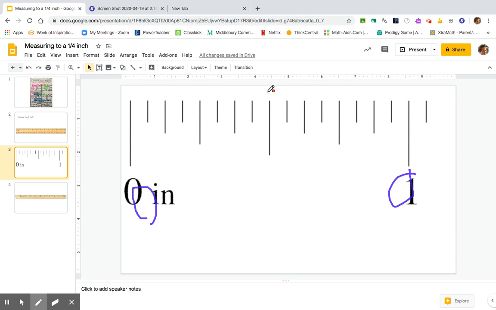So I'm going to split it in half. Now I have 1, 2, or halves. I want fourths. So I'm going to take each half and split those halves in half. Now I have 1, 2, 3, 4 equal sections, or fourths, which is what we want to consider today.